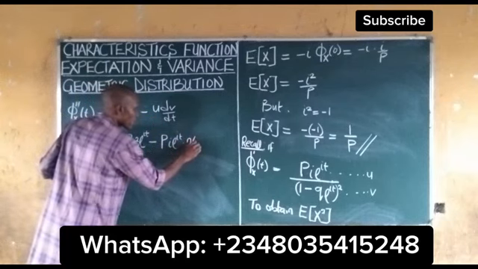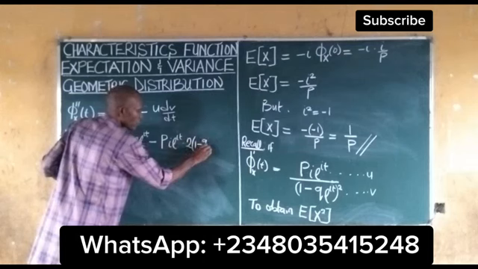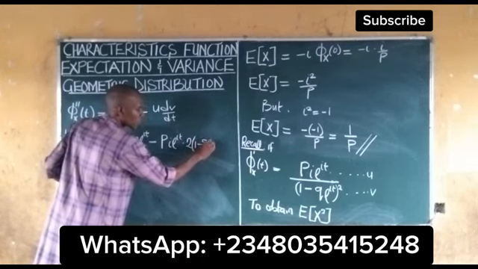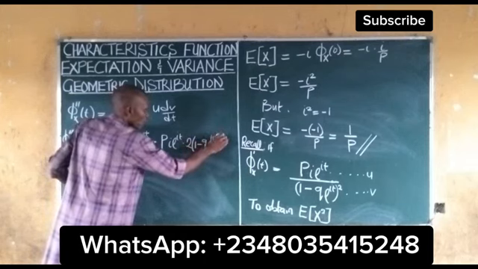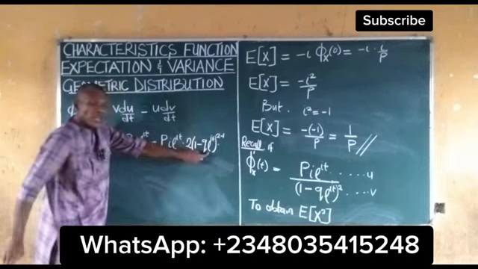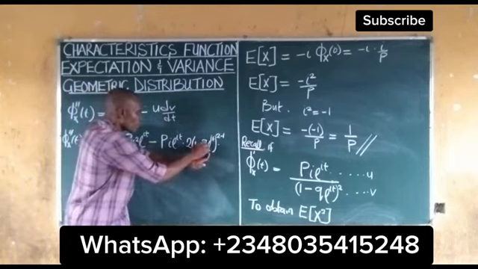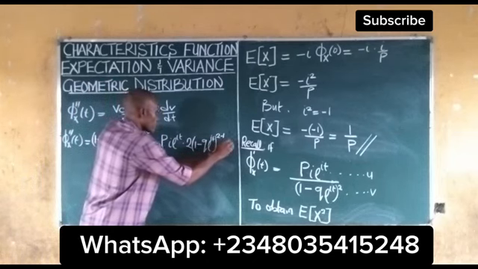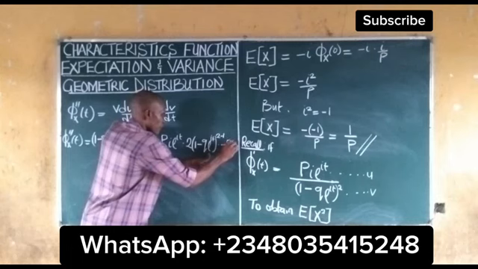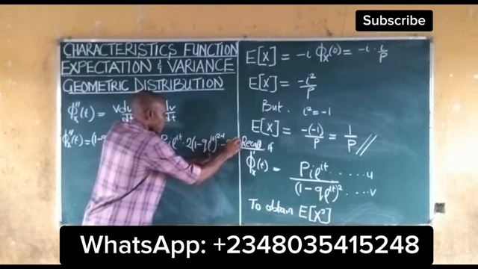If we differentiate this, we get 2 into 1 minus q exponential i t raised to the power of 2 minus 1 times the function we have inside. So if we differentiate this function we have inside, we get negative q i exponential i t.